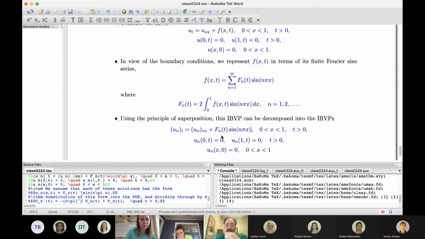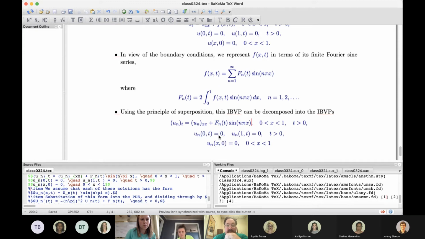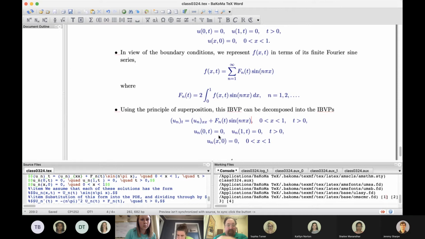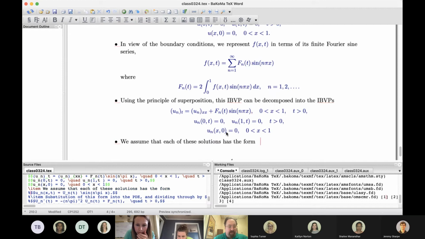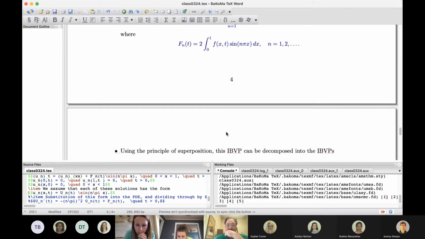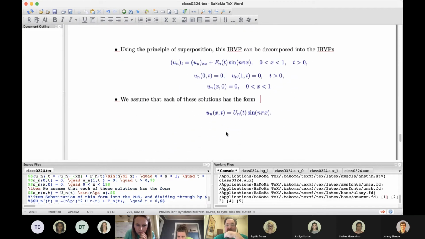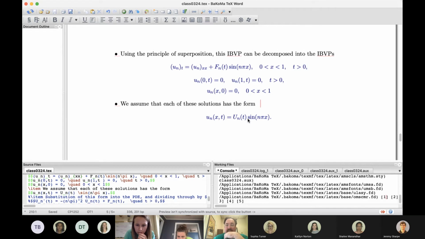Because what actually ended up happening is the solution to each one of these problems has this form. It's some function of t times sine n pi x. And actually, the reason why that assumption works is because there's no initial data here to consider. So it's very important that it be 0 to make this work.